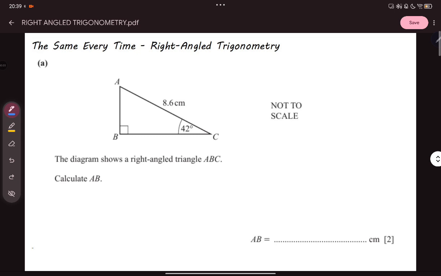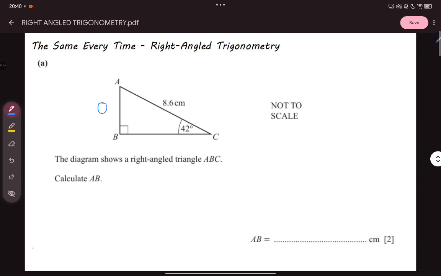Here's my answer. So the first thing I'm going to do, calculate AB. So we need to label the sides. AB, the side going from A to B, is the side that we are wanting to find, and that's the opposite side, isn't it? That's O for the opposite. That's opposite the 42 degrees, the angle that they give us. The side B to C is the adjacent, isn't it?